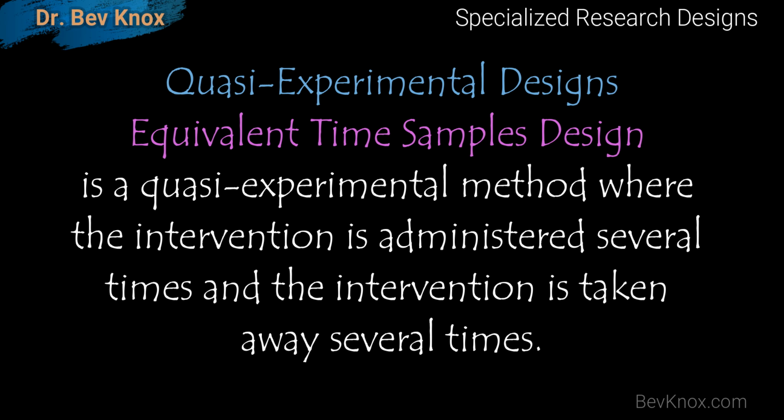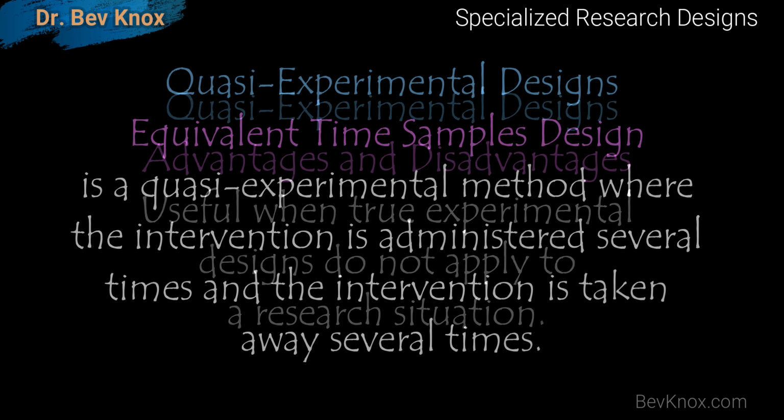Next, the equivalent time sample design. The equivalent time sample design is a quasi-experimental method where the intervention is administered several times and the intervention is taken away several times.